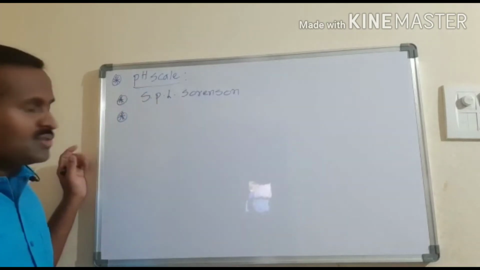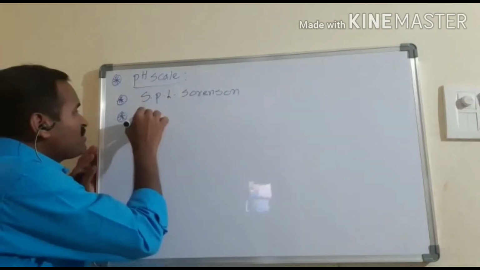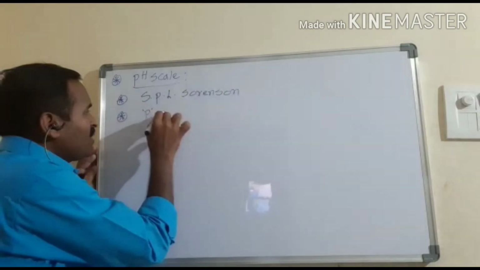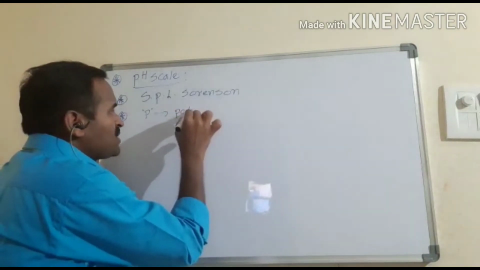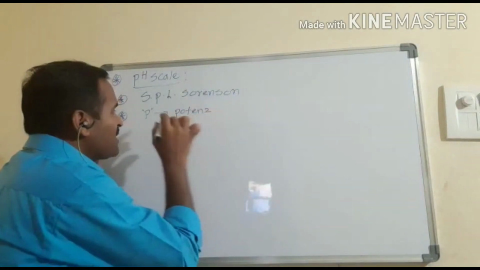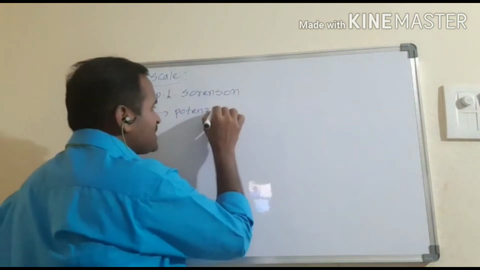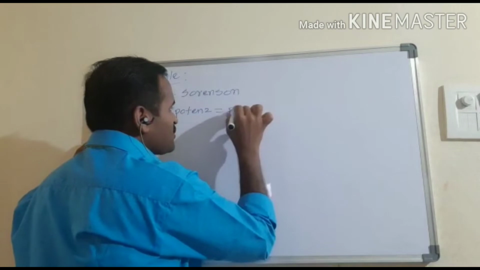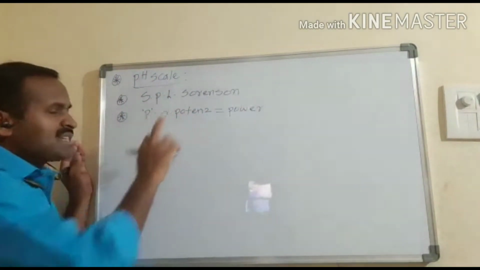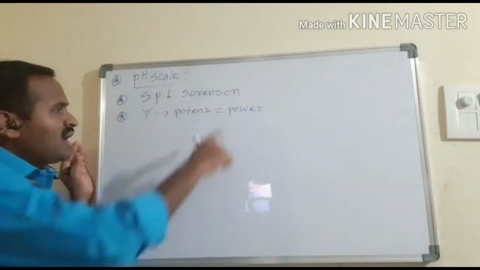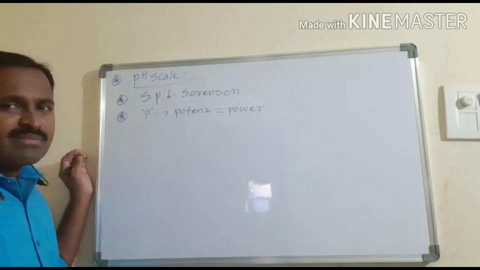In pH, P stands for potenz, which means power, and it is actually a German word.